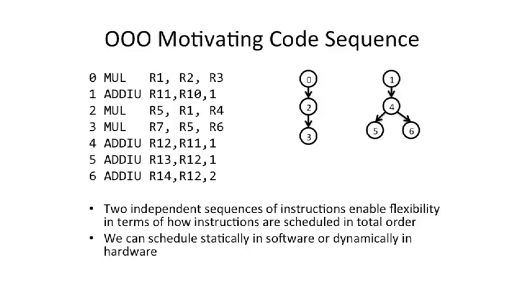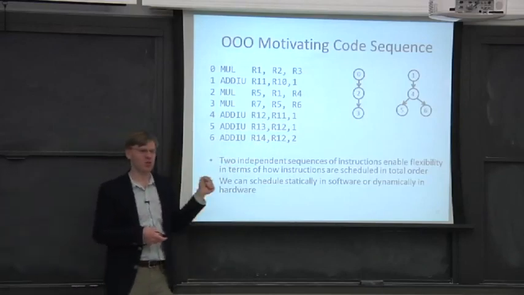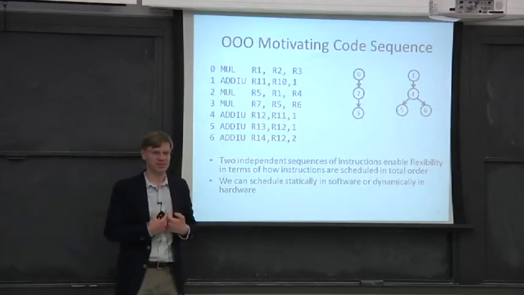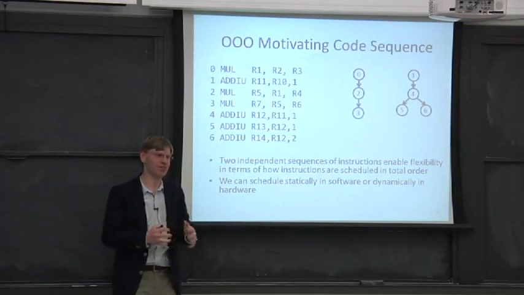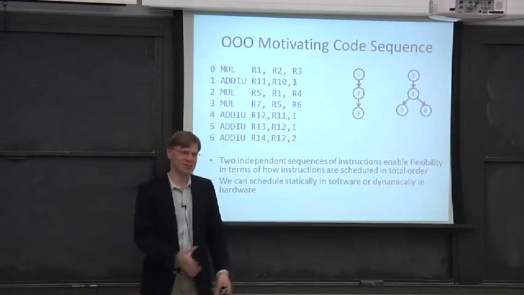An important thing to realize here is, why do these even happen? Why do we end up with non-dependent instruction sequences in a program? This is like a philosophical question. Why is this possible?